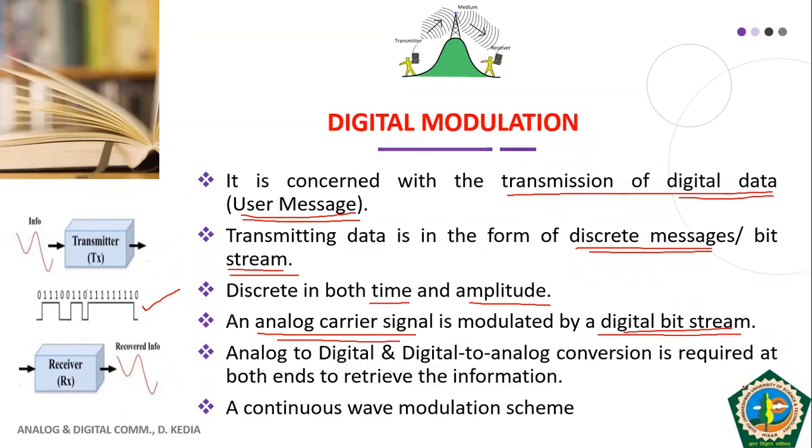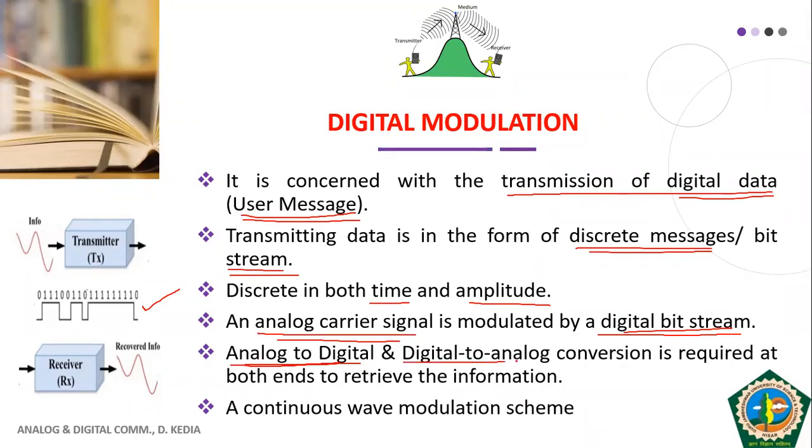Since our original information signal is analog in nature, be it your voice signal or your video signal, all are analog in nature, if we want to use digital modulation, we need a digital message signal or digital information signal. So the originally occurring information signal, which is analog in nature, has to be converted to digital by the use of analog to digital conversion at the transmitter side.